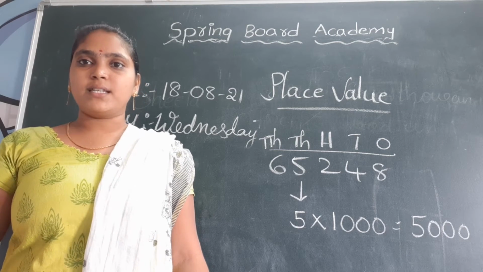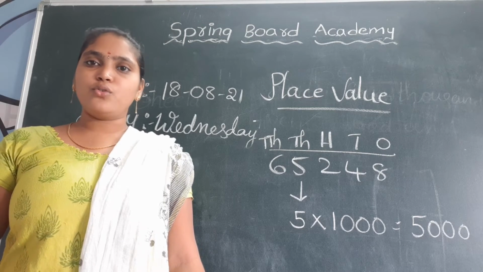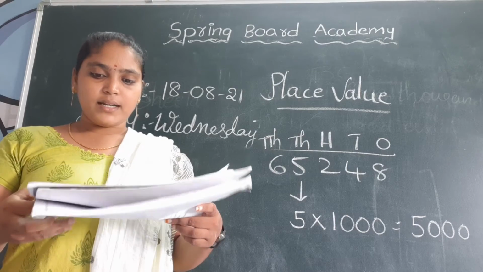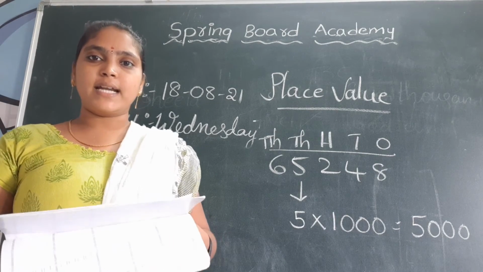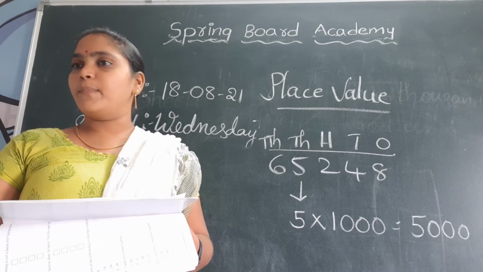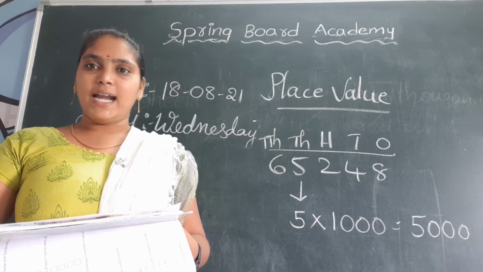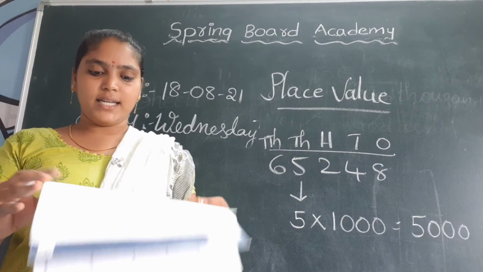If the first number is bigger, you place greater than. If two numbers are the same, you place the equal to symbol, children. Next, ascending and descending order. What does ascending order mean? Arranging numbers from smallest to biggest is ascending order, and arranging numbers from biggest to smallest is descending order.